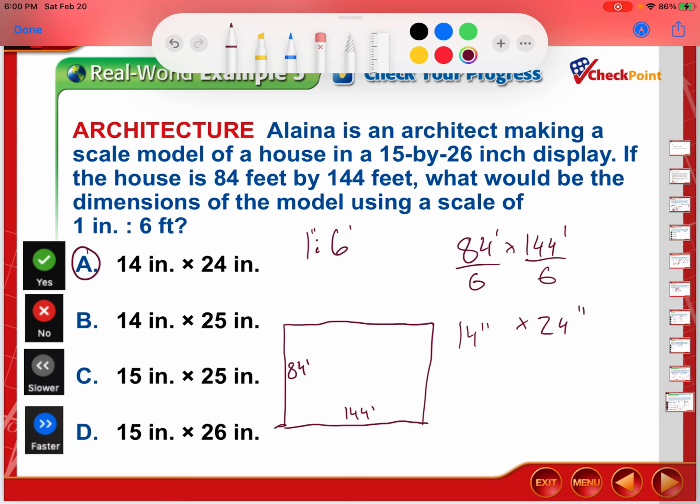So essentially what that's saying is for every 6 feet in these dimensions, we're going to have 1 inch on our model. So I'm essentially cutting this up into 6 feet increments by dividing by 6, and then that's my total number of inches in the scale model, which would be much smaller, much more adorable, equally rectangular.